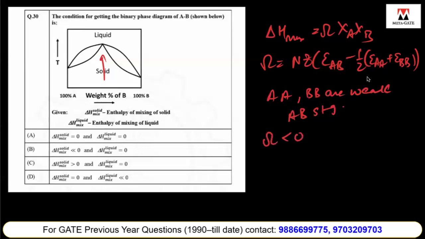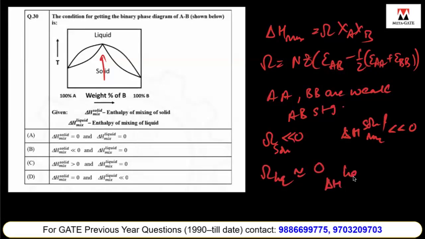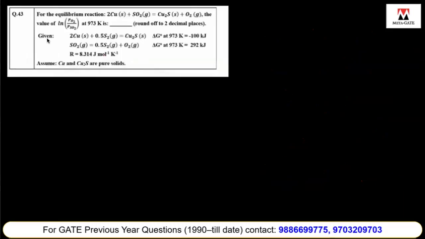So omega of solid is negative, and then delta H of solid mixing is less than 0. But for liquid, omega of liquid is nearly equal to 0 because A and B are completely miscible in each other. So delta H of liquid mixing is equal to 0. So this is for the equilibrium reaction.